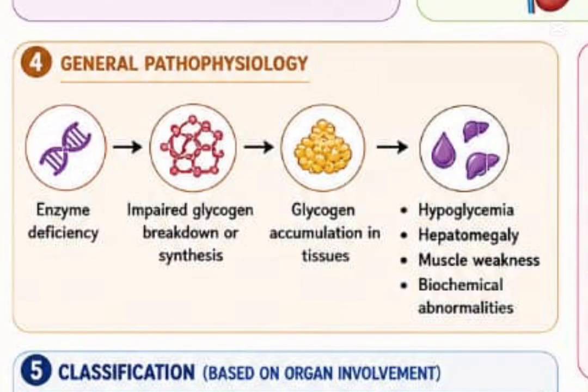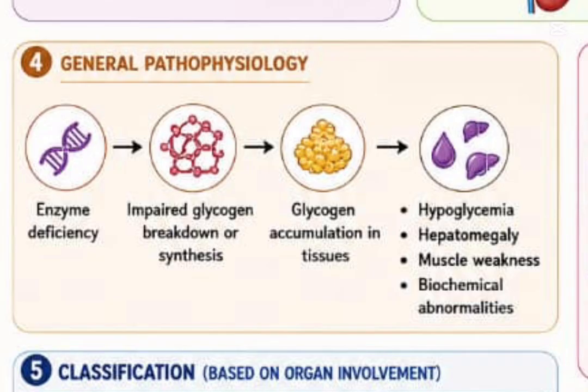When it's impaired, glycogen will accumulate in the tissues. When it accumulates in the tissues, it will cause different symptoms like hypoglycemia, because glycogen is used to form glucose. So there will be hypoglycemia, hepatomegaly, muscle weakness, and other biochemical abnormalities.